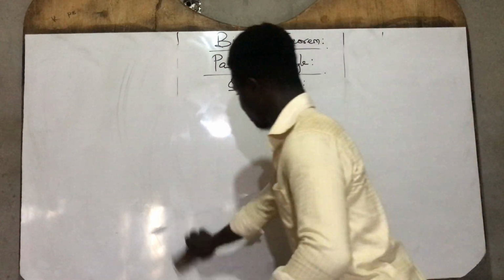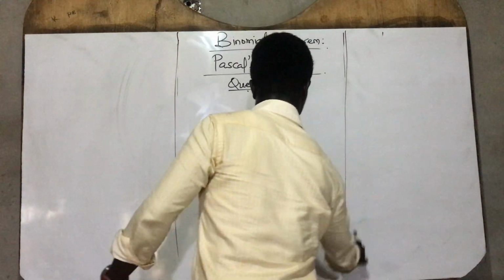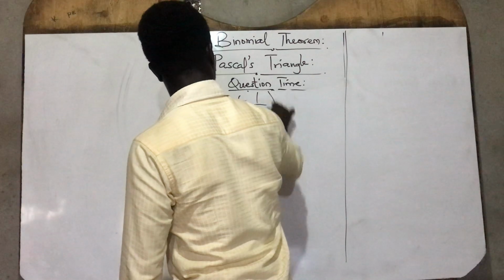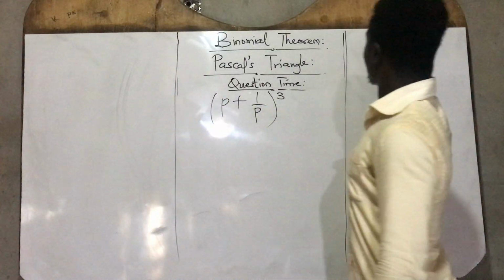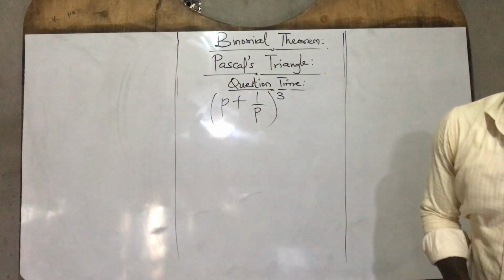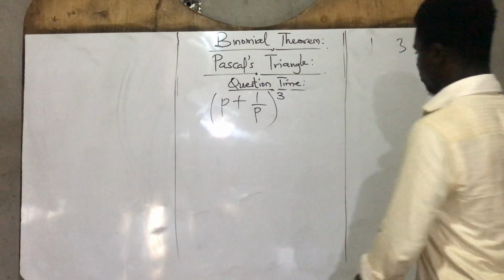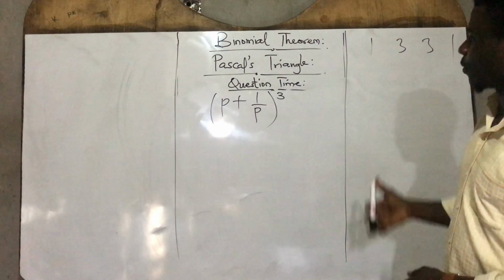So using Pascal's triangle, we said that as you expand p plus 1 on p all to the power 3, the Pascal's triangle for that is 1, 3, 3, 1. The coefficient for that is 1, 3, 3, 1.